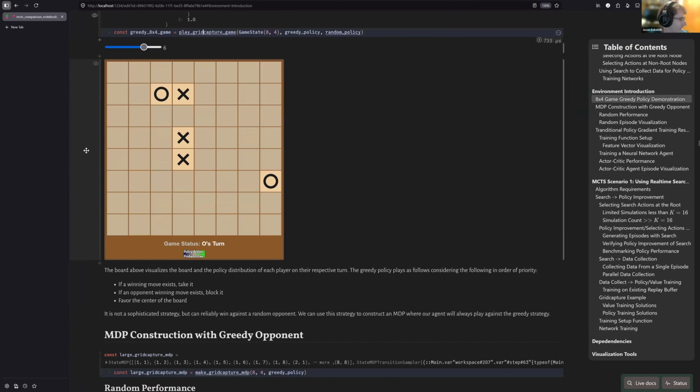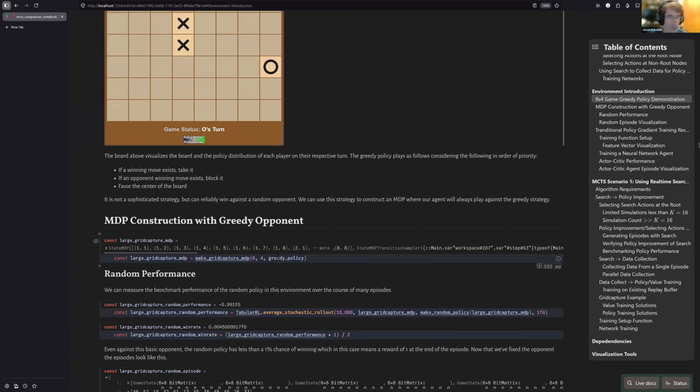but we can turn it into an MDP by fixing one of the opponents. I showed what the greedy opponent looks like, so this is going to construct an MDP with this greedy opponent. The O player, in this case, will always play with the greedy policy.